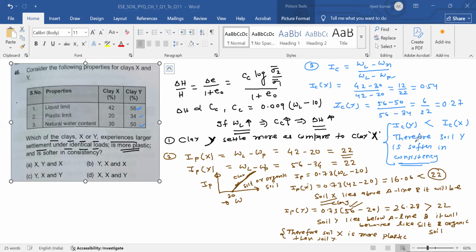So according to this explanation, the answer will be clay Y settles more.